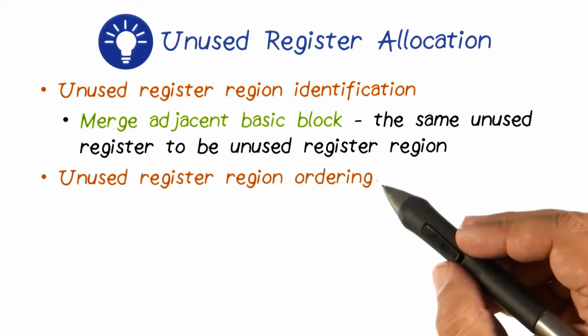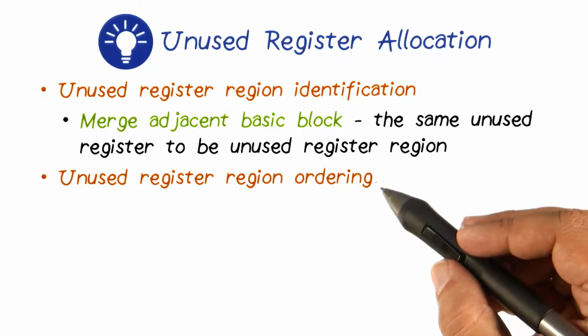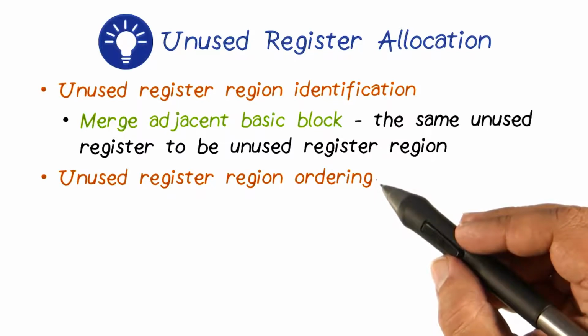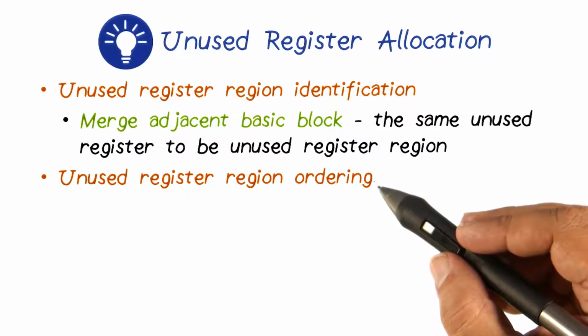And the second part is how to now actually calculate the registers in terms of their allocation once we have found all these regions. Remember that these regions could overlap with each other, and so we had to guide the allocation from region 1 to region 2 by prioritizing the allocation in region 1 over region 2.